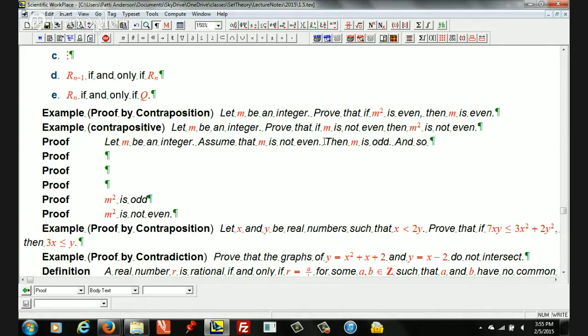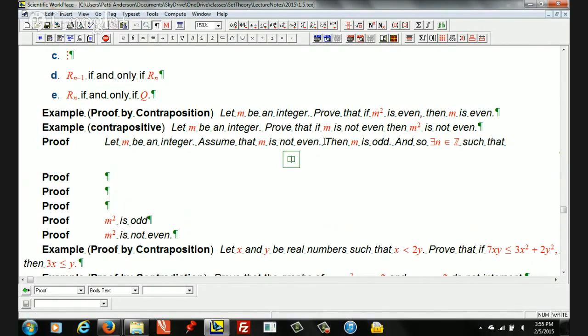So there exists an n in the integers, and that means that I have to be down here too. There exists a k in the integers such that m squared is equal to 2k plus 1. That's where we're headed. That makes sense?